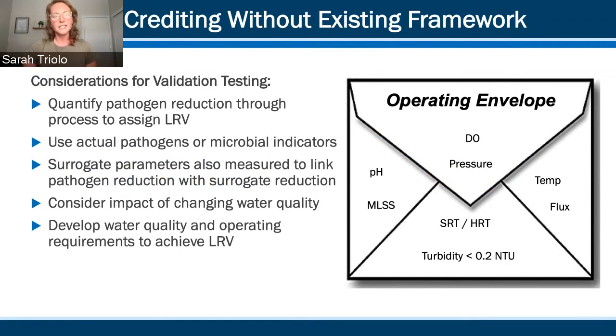And you would have to consider a range of water quality. So you have to understand how changes in water quality would affect your pathogen reduction and also your surrogate reduction, right? Because those things have to be correlated. And then from all of that testing and data analysis, you could develop your water quality and operating requirements that you would use to demonstrate your ongoing pathogen removal performance.